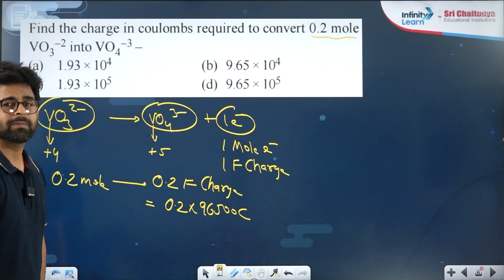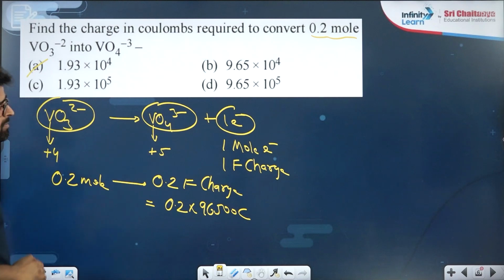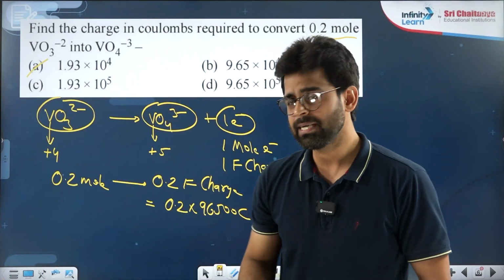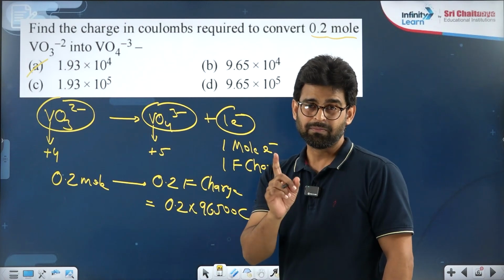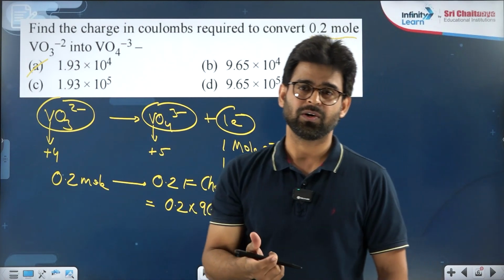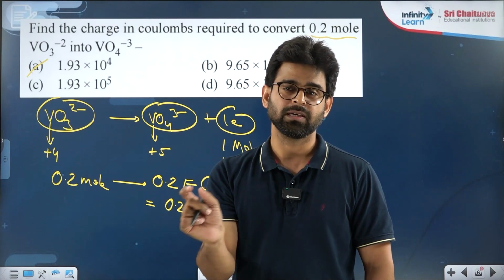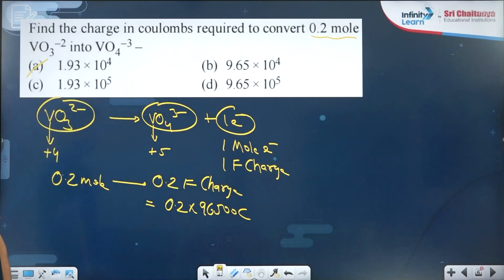If you multiply this, you will get approximately 1.93 × 10^4 coulombs. If you go in Faraday, then it is just 0.2 Faraday of charge. Remember, Faraday is the bigger unit of charge. 96500 coulombs will make 1 Faraday, right? So easily you can answer.